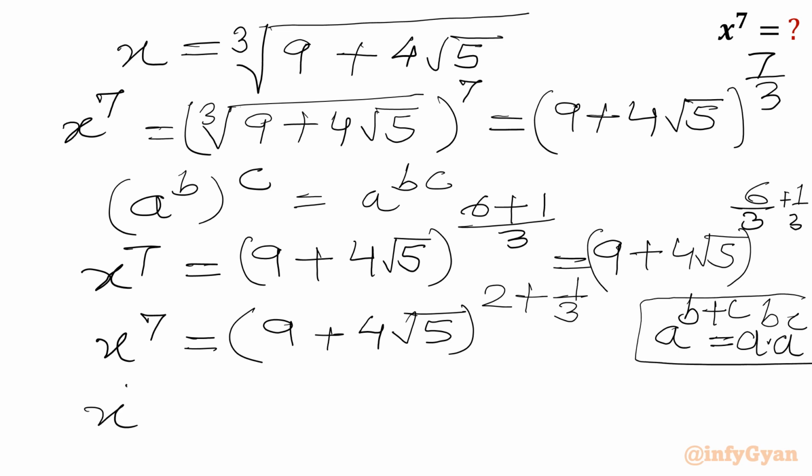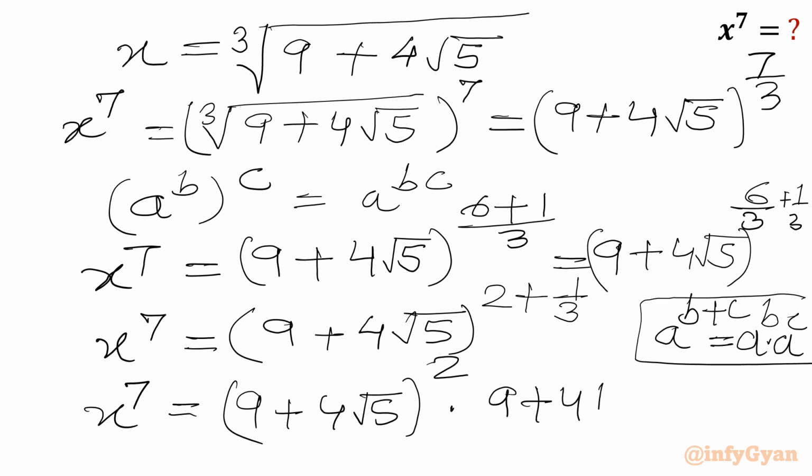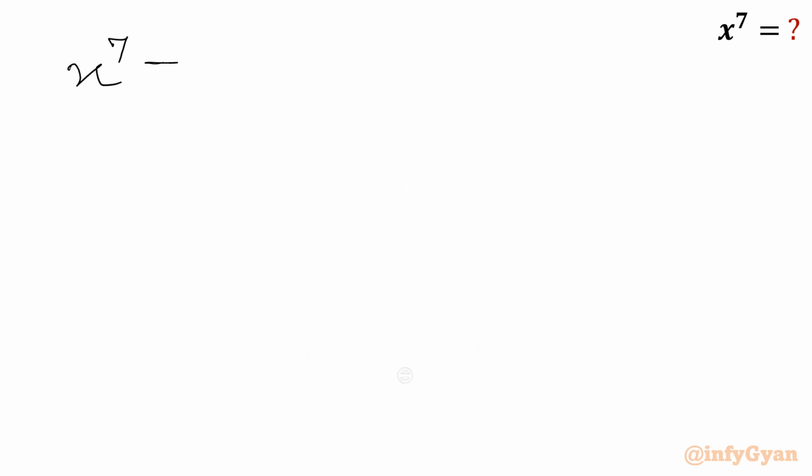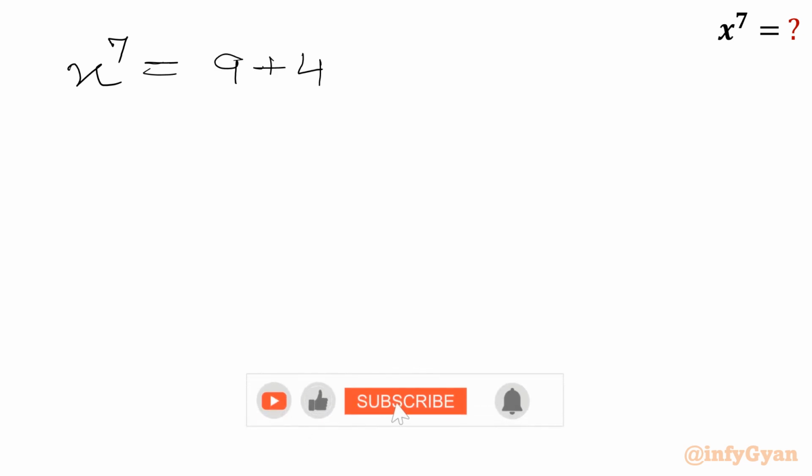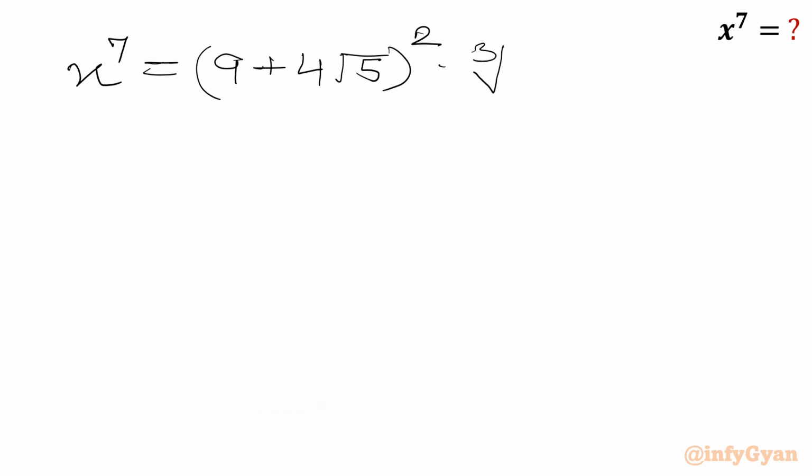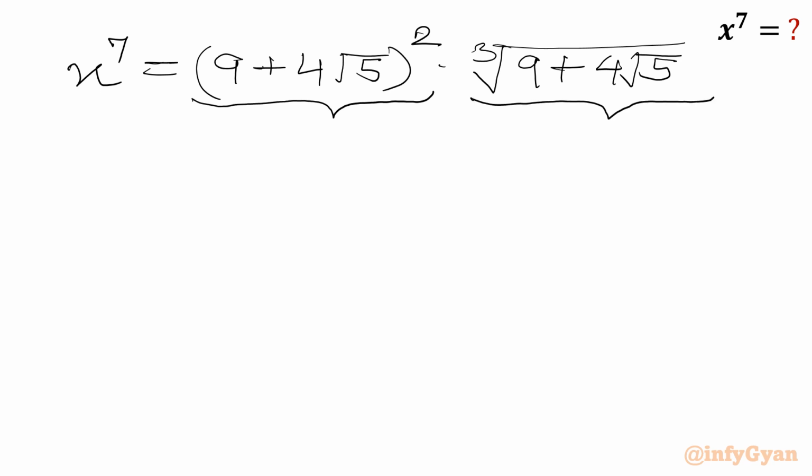So I can write x power 7 will become (9 plus 4 root 5) whole square times (9 plus 4 root 5) whole power 1 over 3, or x power 7 will become (9 plus 4 root 5) whole square times cube root of 9 plus 4 root 5. Let us find out (9 plus 4 root 5) whole square, then we will calculate the cube root also.